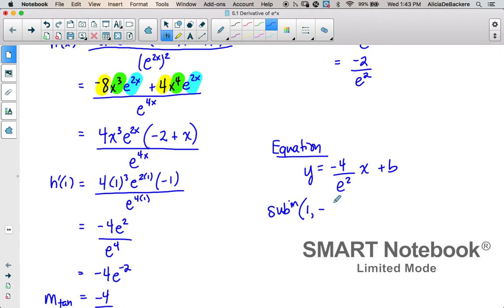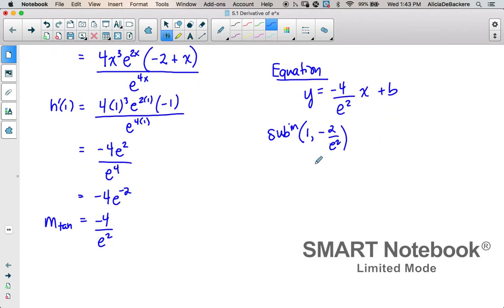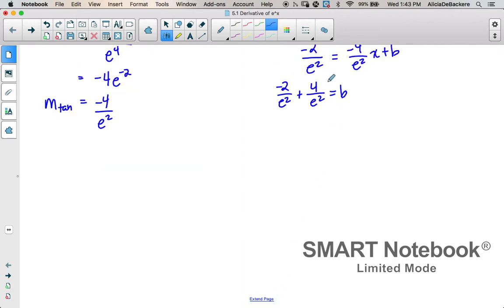That was -2 over e squared was our y value that we found. And then I'll rearrange to solve for b. And this one's nice, it's already got a common denominator for us, so I just need to add those numerators. I've got my b value.